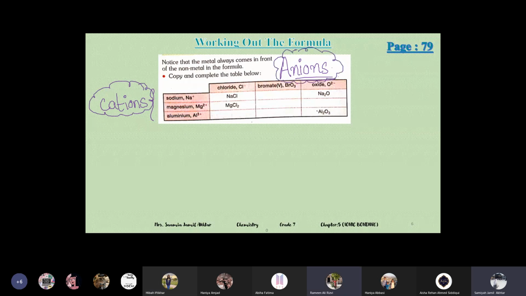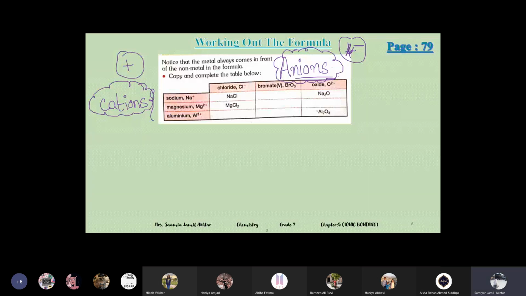Negatively charged ions are anions, and positively charged ions are known as cations. So these three, sodium ion, magnesium ion, and aluminium ion, are cations. And chloride ion, bromate ion, and oxide ion, because they are negative, are known as anions.